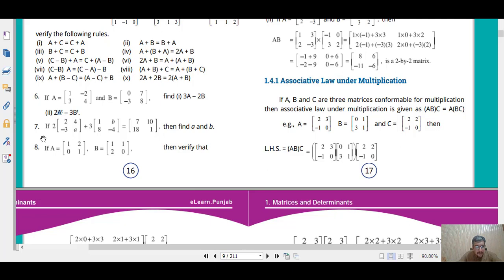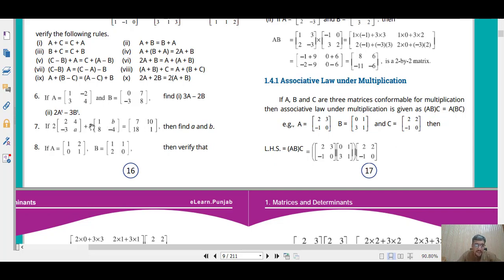Now we are going to solve question number 7, and this is a very important question. In this, the equation is given in the shape of matrices, and we have to find the value of A and the value of B. So first of all, we will multiply 2 with this matrix and then 3 with this matrix, and then we will take out the equations from the matrices.